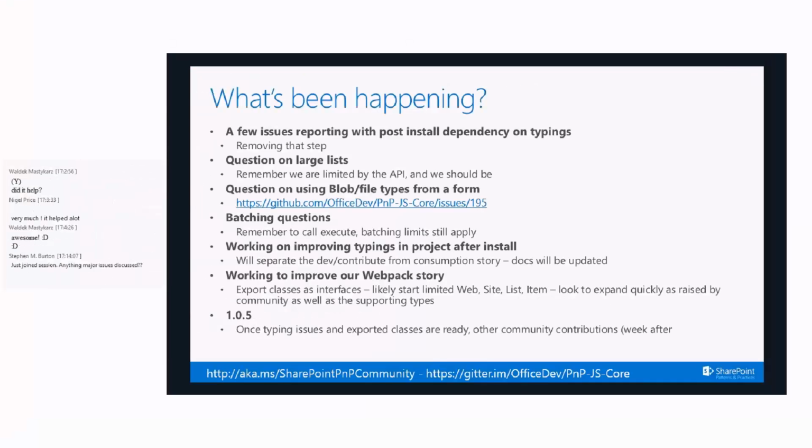Questions on large lists. I've seen there are a couple out there now, and there have been some in the past. We are using the REST APIs for our calls, and as such we are limited by what the APIs support, and that is a good thing. We don't want to circumvent those APIs, so if you are working with a large list, you will have to get it in paged chunks of data, which is, from a performance standpoint, much better.